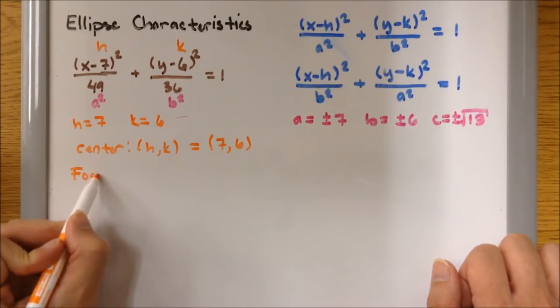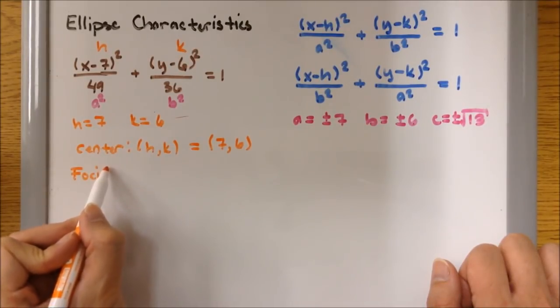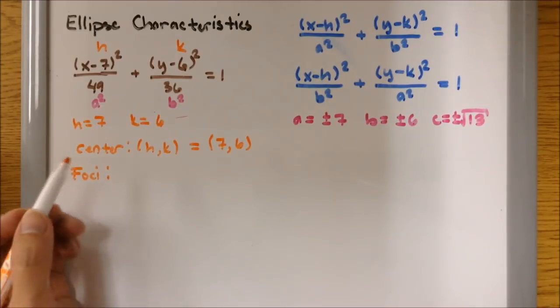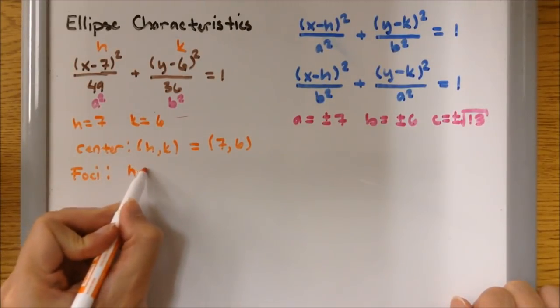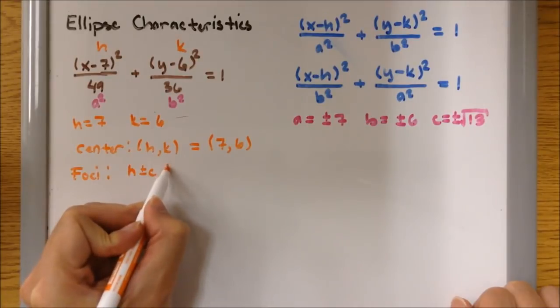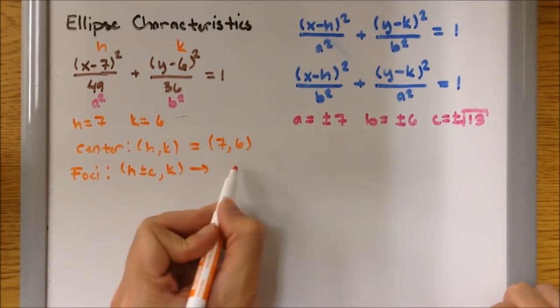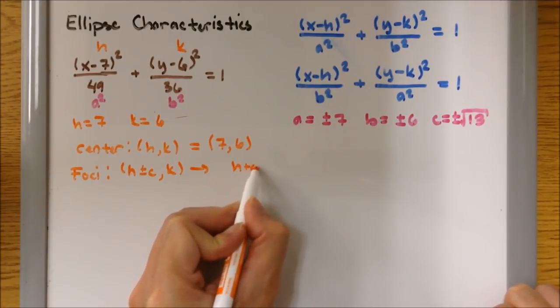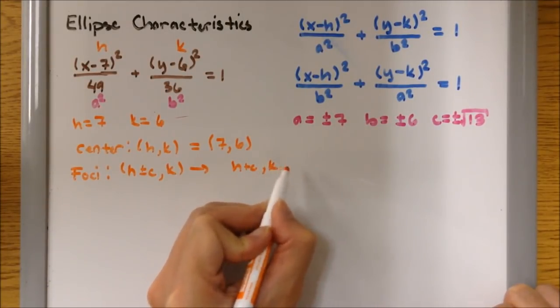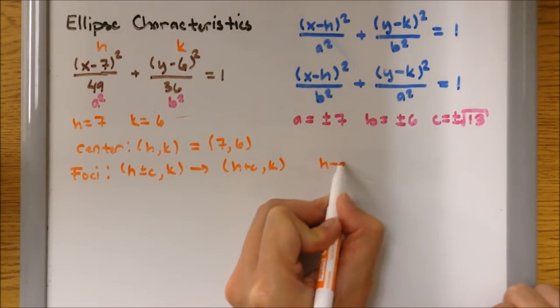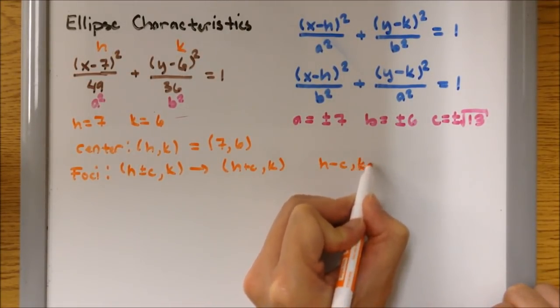It's going to be 2 points. For foci, the formula is h plus and minus c comma k. What it means is that it's going to be h plus c comma k and h minus c comma k.